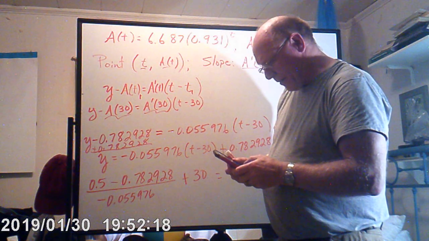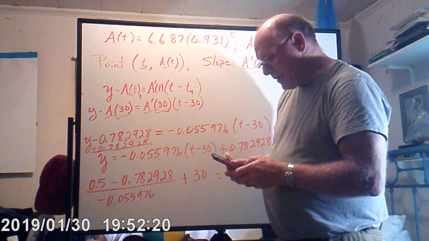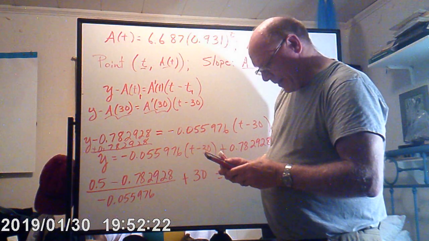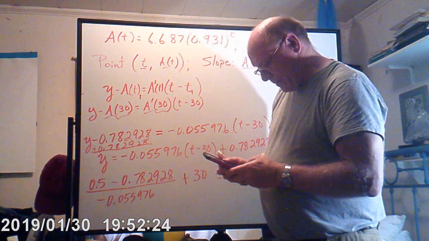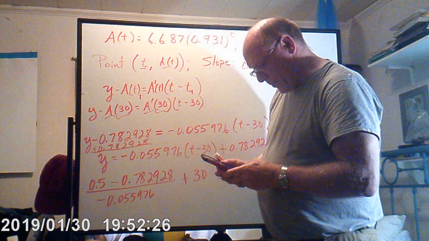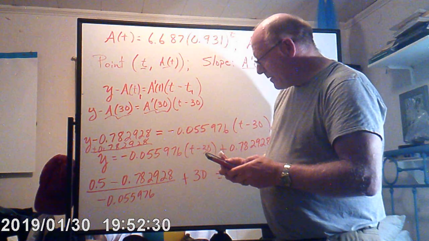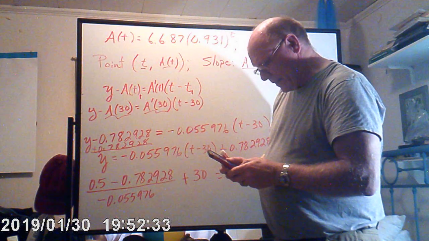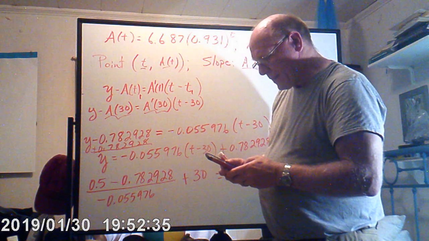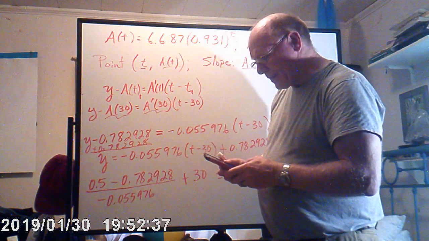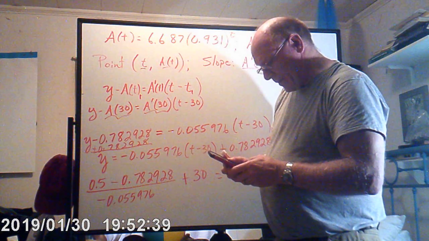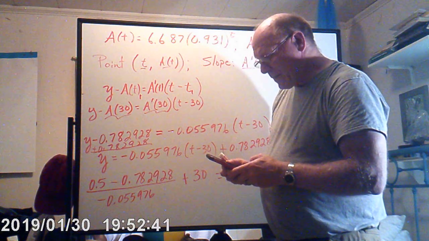Now divided by negative 0.055976. I want to enter that amount. Now I'm going to add 30 to that.